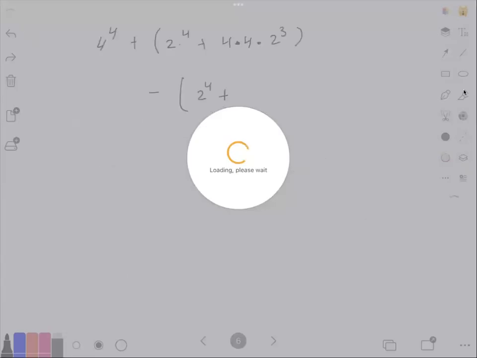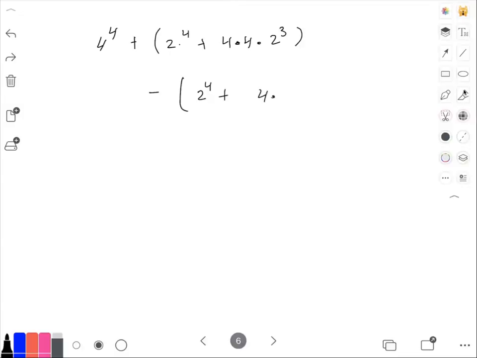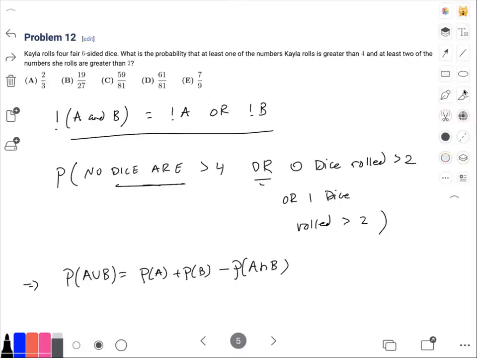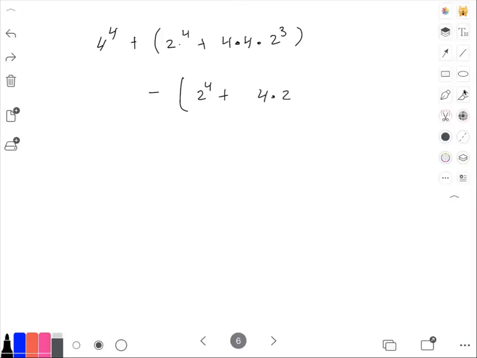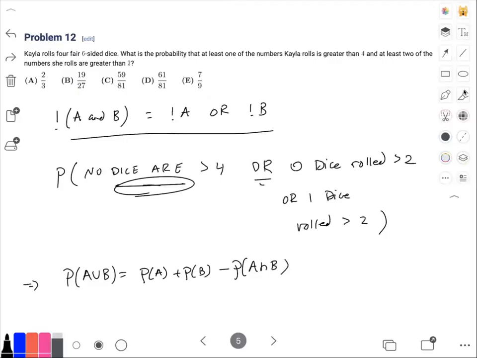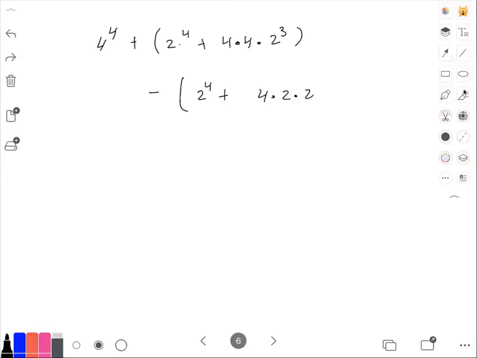So we have 4 choices for which die, and that die can be either 3 or 4, since it can't be greater than 4 because that violates the first condition. So we have 2 choices for that die. And for the remaining 3 dice, they have to be 1 or 2. So this is the number of ways to not have what we desire.